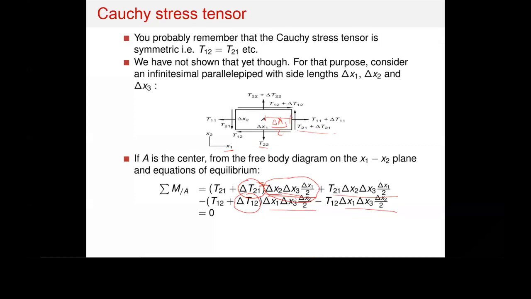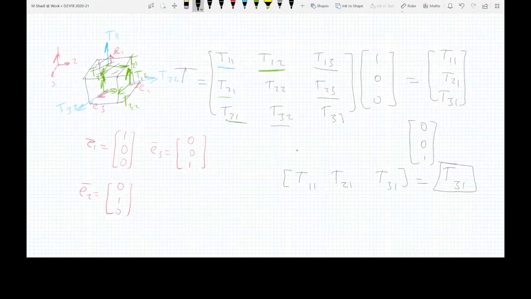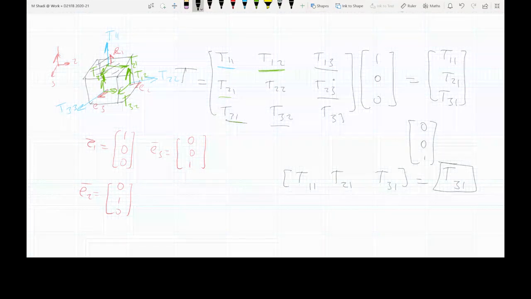So there will be cases where this is not negligible, and in this case, you cannot assume that the stress tensor is symmetric. But for the majority of cases you will be dealing with in structural engineering or civil engineering, this assumption is going to be valid and the stress tensor is going to be symmetric.